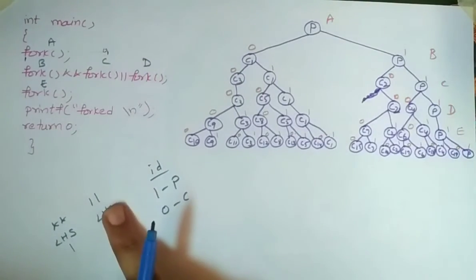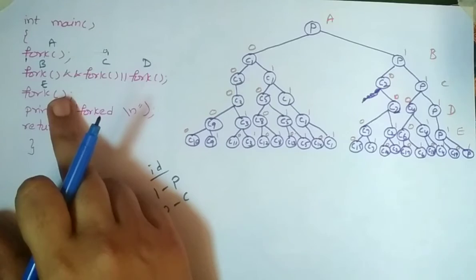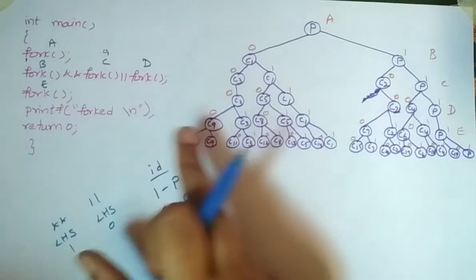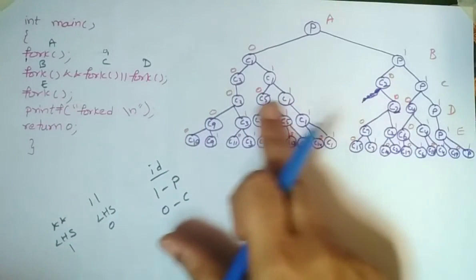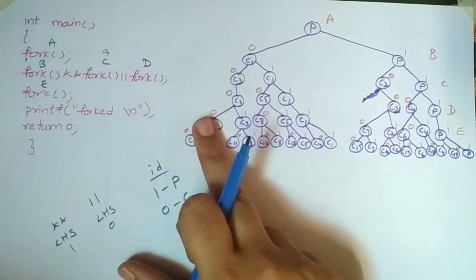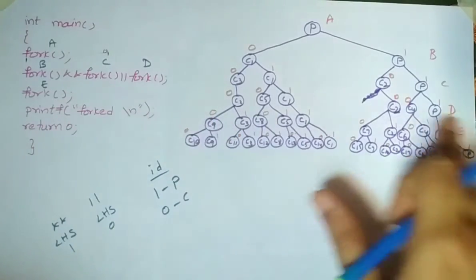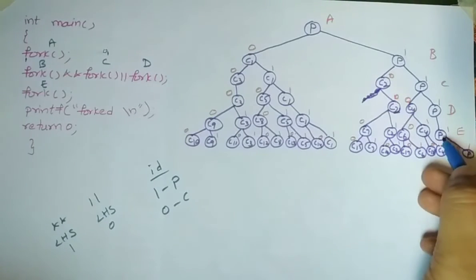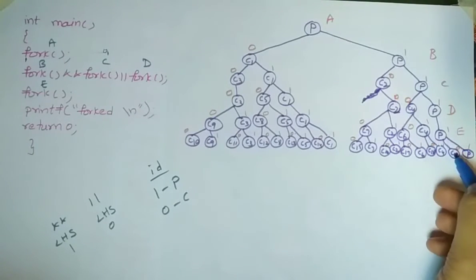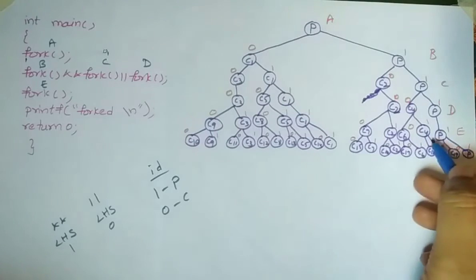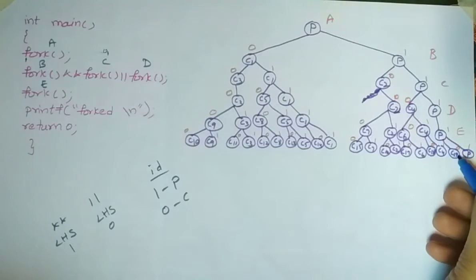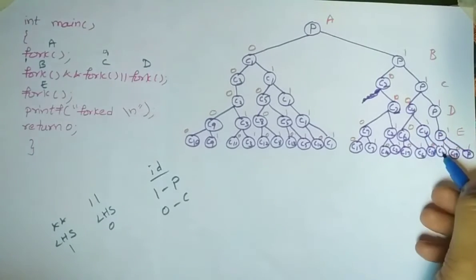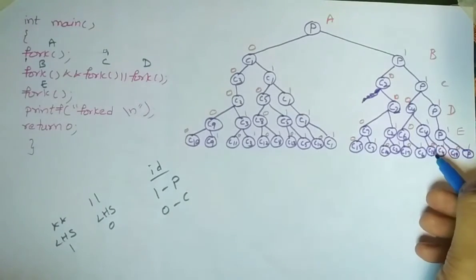Coming to the fork E operation, here we are going to execute all the processes in the particular level. For the fork E operation, each and every process is going to give 2 processes. So process P and C19, this is the child process, and C4 and C18, this is the child process.